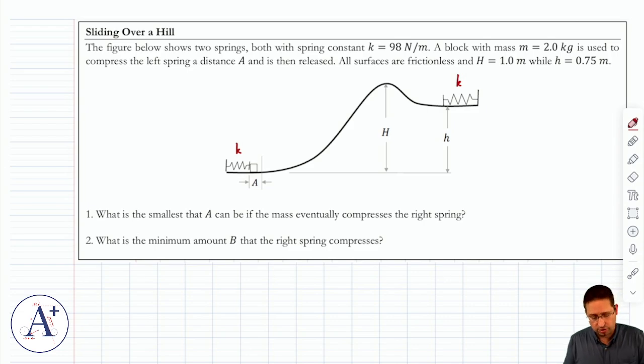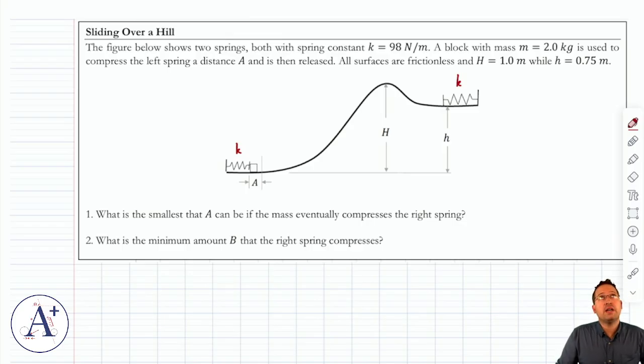Of course you might argue, well, if it compresses the spring, isn't this spring going to launch it back the other way? Yes, it will. I just don't care. I just want to make it up there. The problem then ends and I'm no longer responsible for what happens to the mass after that. Now we want to find the smallest amount A that we can compress the spring so that the mass little m eventually compresses the right spring, which is spring B, let's call it.